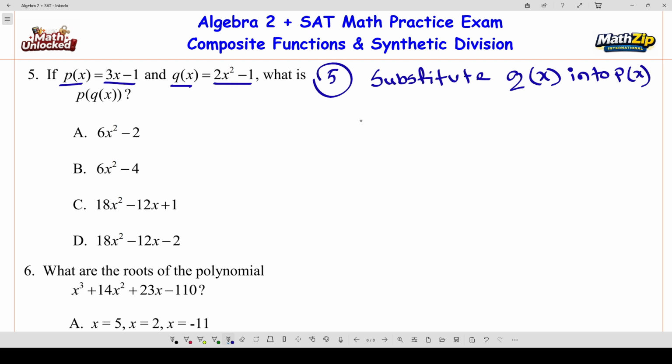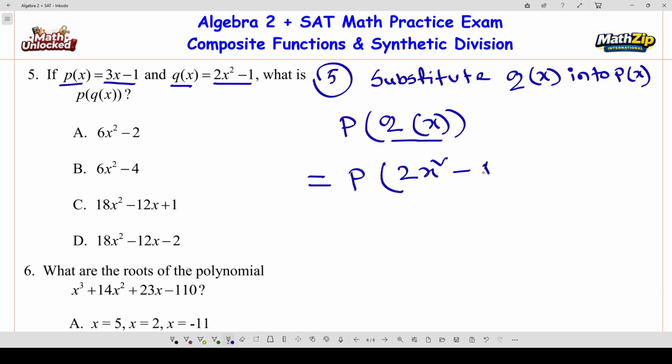So here is p, q, and then x, right? So function of q means 2x squared minus 1, and here p of x equals 3x minus 1.